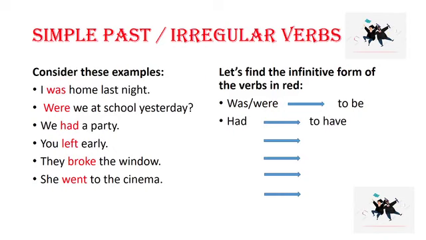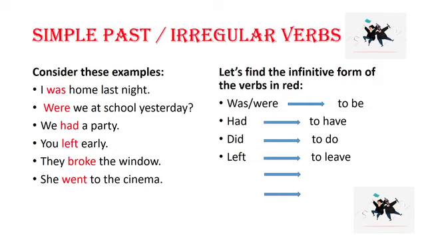Now we move to the next verb, left. Can you guess the infinitive of this verb? Do you know it? So this is an irregular verb and its infinitive is left, to leave. And the next one, they broke the window.